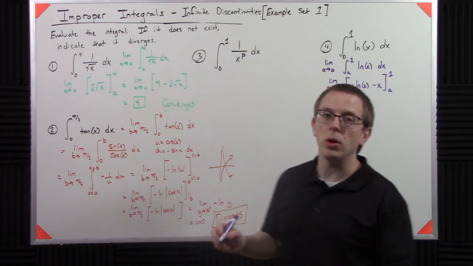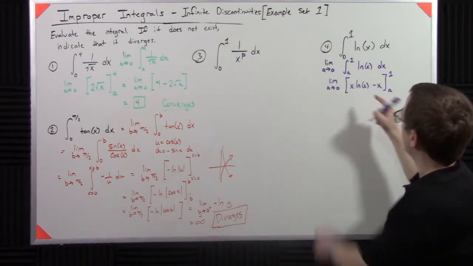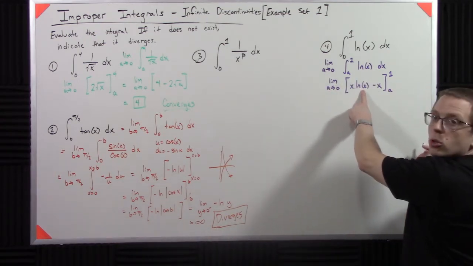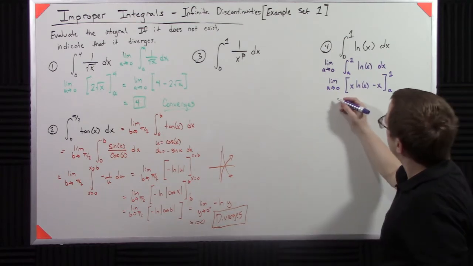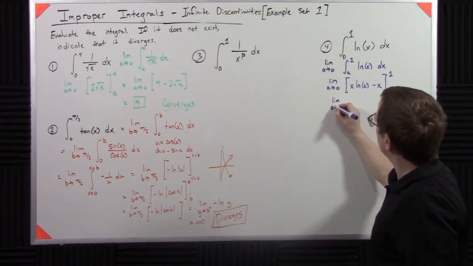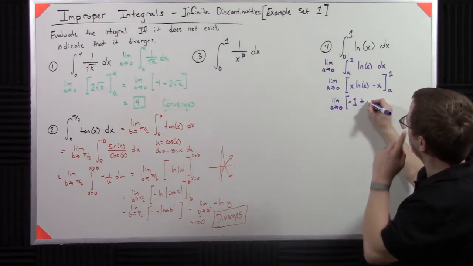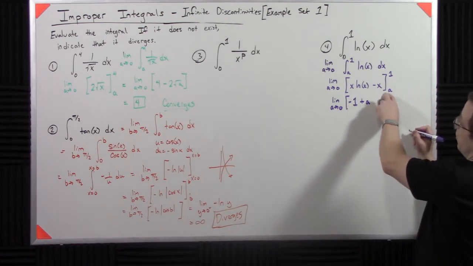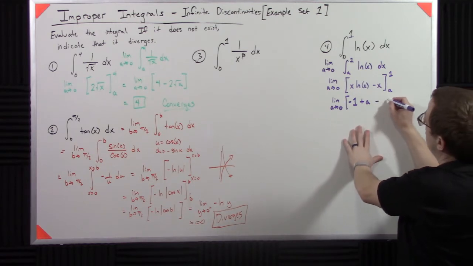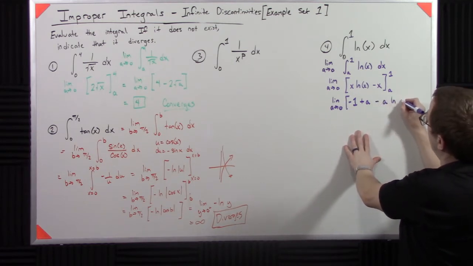So then I plug in 1 here, and this vanishes because natural log of 1 is 0. So I get the limit as a goes to 0 of negative 1 plus a, when I plug in a here, minus a natural log a.